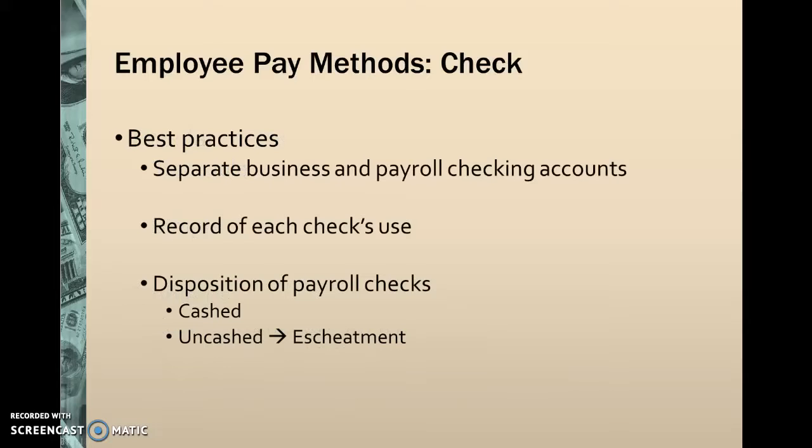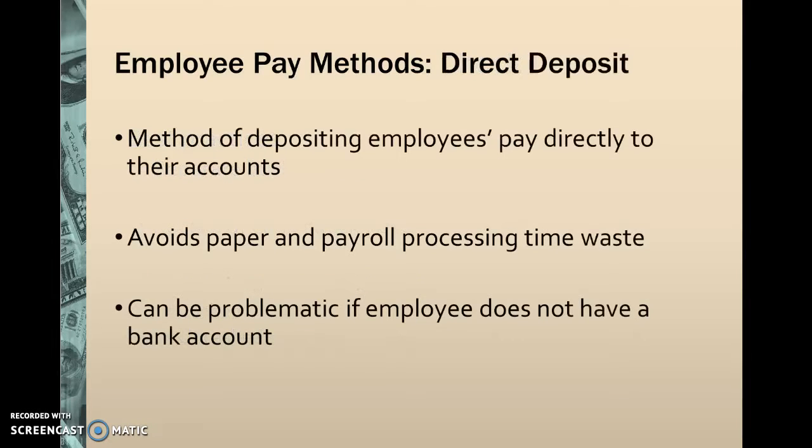The ways employees can get paid is check, which is the best practice by employers because it separates business and payroll checking accounts. There's records of each check used, disposition of payroll checks, cashed and uncashed, in order to do some reconciliations on payroll. Another way employees can get paid is direct deposit. It is the method that is preferred because it's paid directly into their accounts. This avoids paper for the employer and payroll processing time waste.